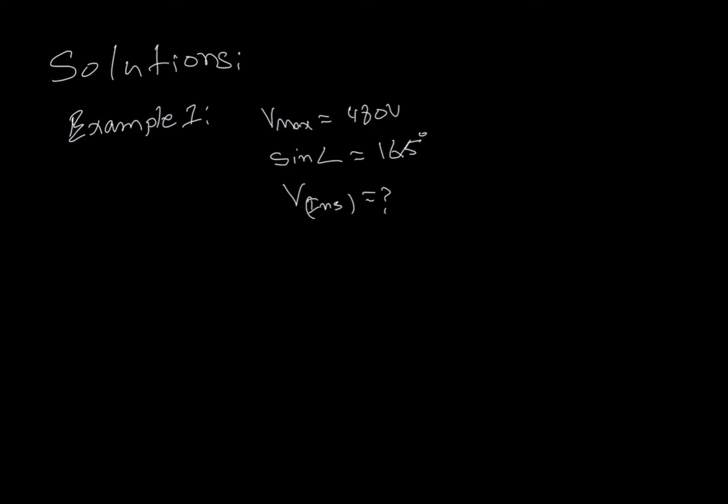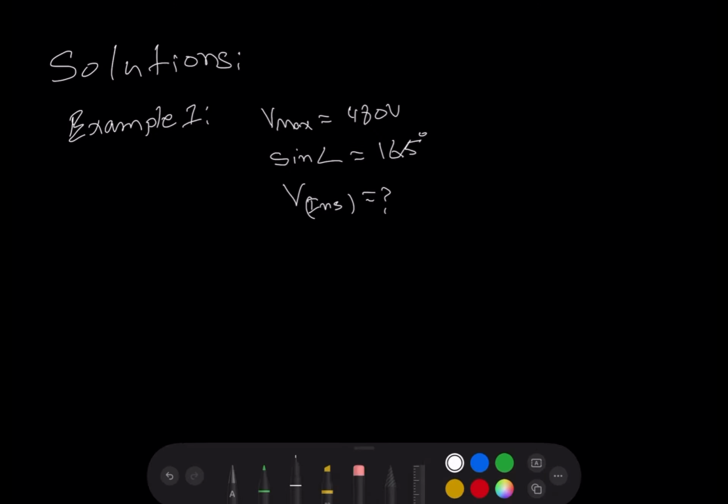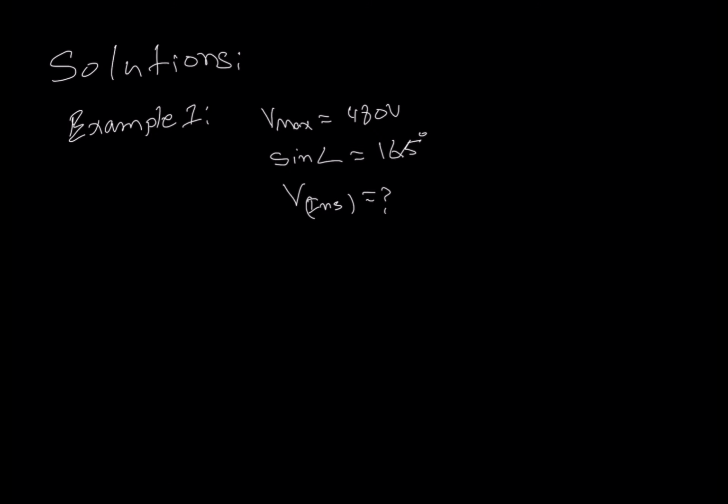Okay, so we were given this formula. V, the instantaneous voltage at any point, is equal to the peak voltage or maximum voltage times the sine of the rotation angle. So V instantaneous is equal to V peak.